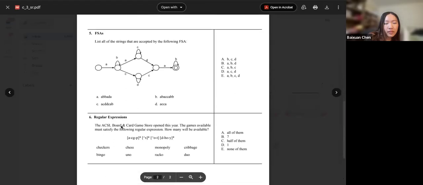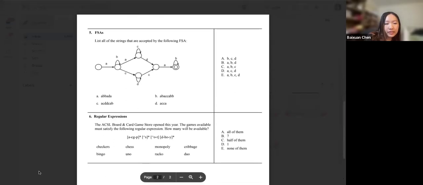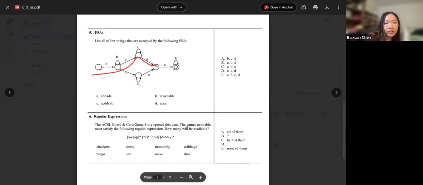And for these FSAs, list all the strings that are accepted. So this one has two possible paths. It can go through here or go through here. So we'll have to be careful of that when we're testing it. So this one, we have A, and then B can go through here, and then A, D, A. So this one works.